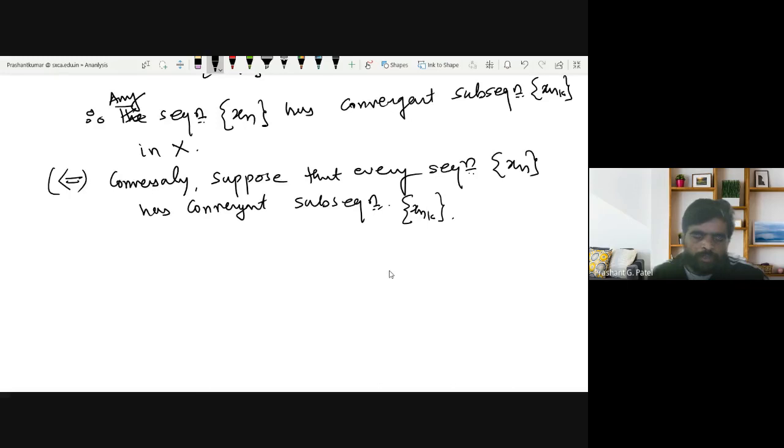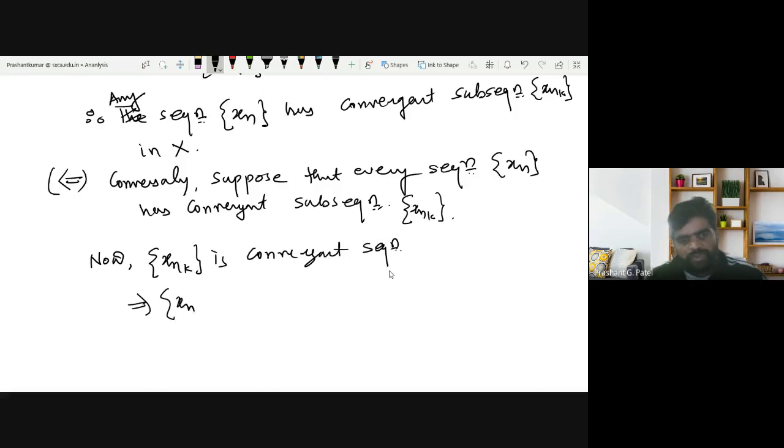Now we need to prove that X is totally bounded and complete. So I will start with xnk, a convergent sequence, which implies that xnk is a Cauchy sequence in X. So every sequence xn has a Cauchy subsequence in X.